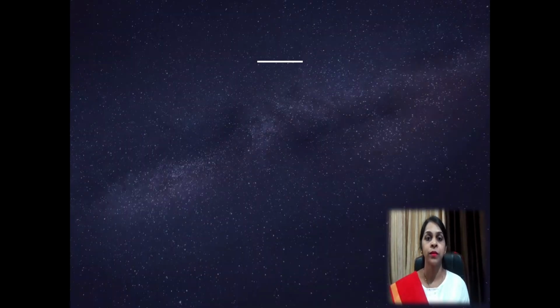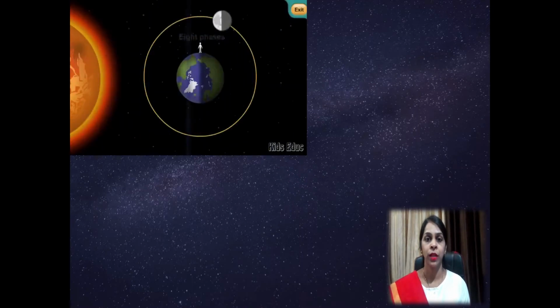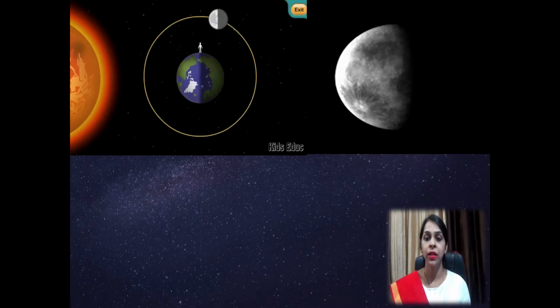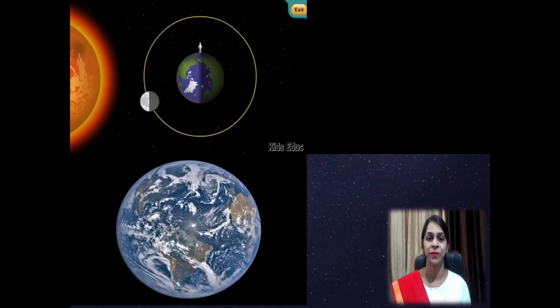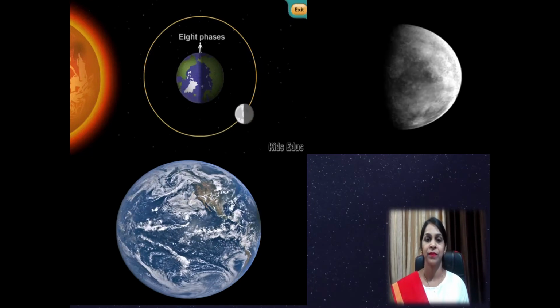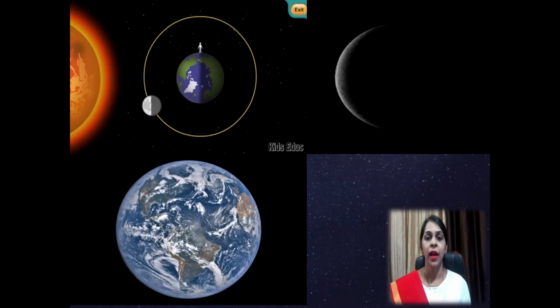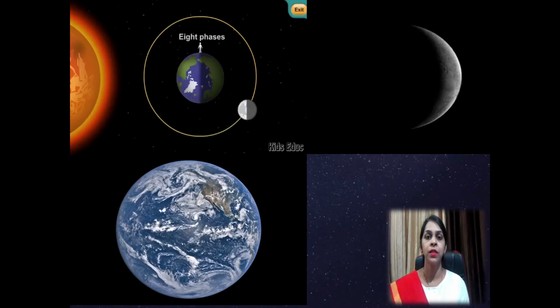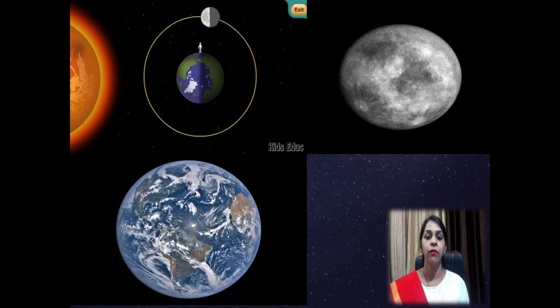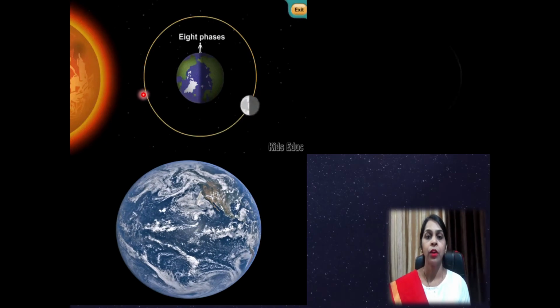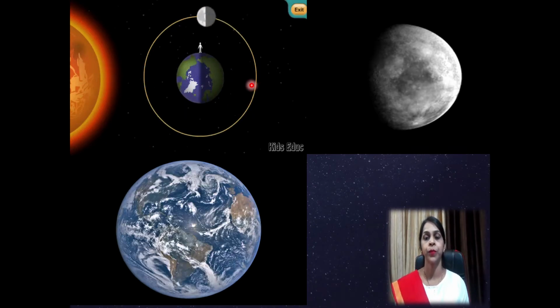Please observe the image carefully. This is related to the previous class. As you observe the image clearly, in the first image you can see the 8 phases of the moon.